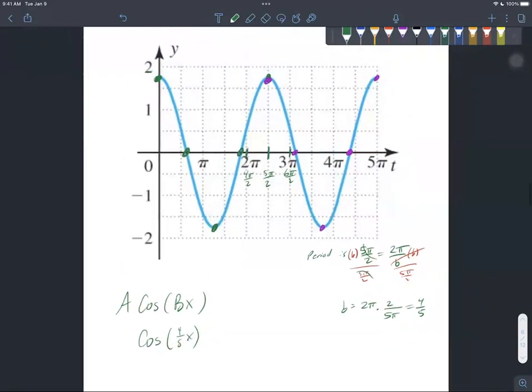What else? We also need the amplitude. And so the amplitude, if we see this axis here, some textbooks call this the sinusoidal axis. It's the axis that goes down the horizontal middle of the function.